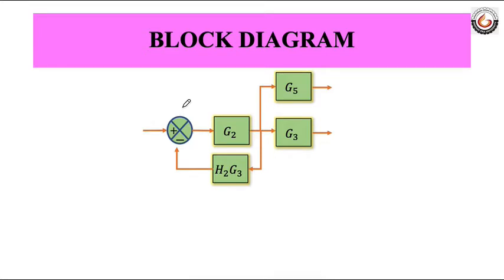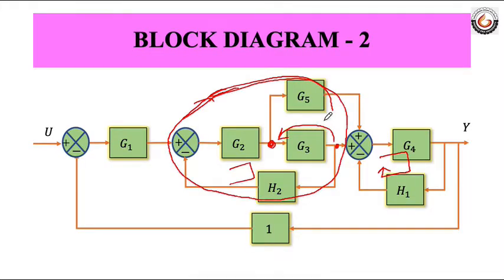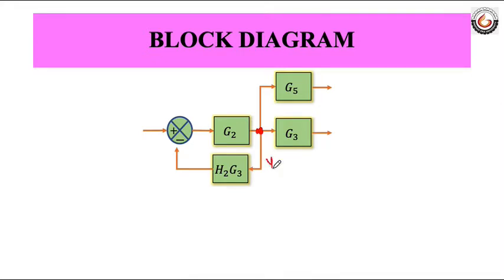So once I shift, that point comes here, but for shifting that there is something which we need to compensate. If you look at the signal which is coming out here, suppose I am taking it as some Y, so it is YG3. And if I am shifting it over there, H is having only Y, so I have to multiply G3.